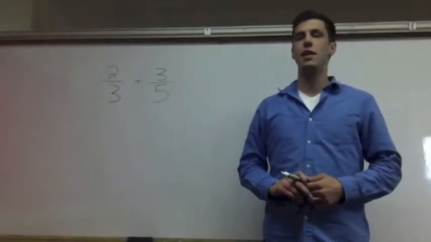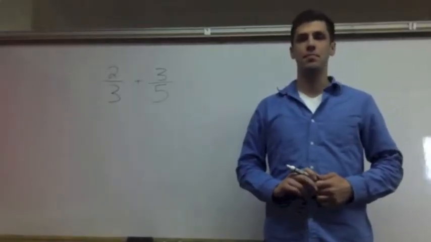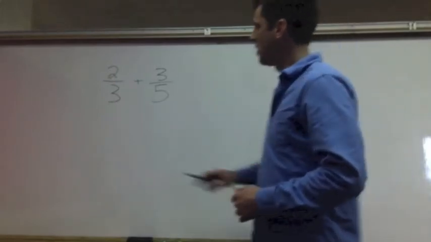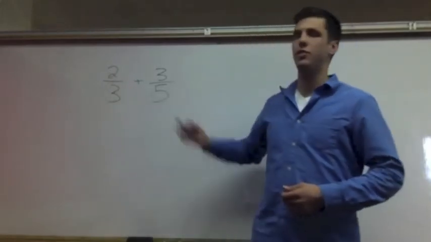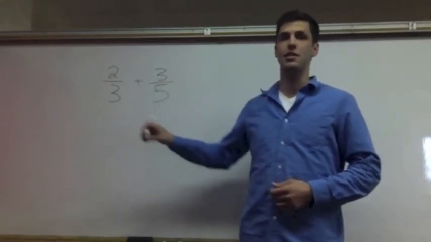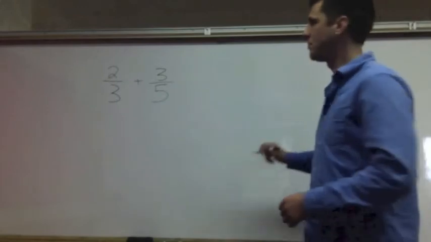The second way of making 2 fractions the same is through multiplication. If we have 2/3 and 3/5, we can make those the same portions, or the same denominators, by multiplying.